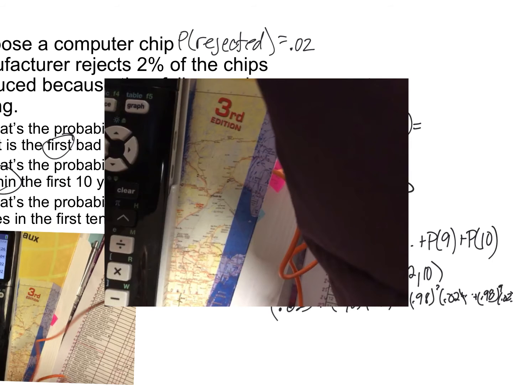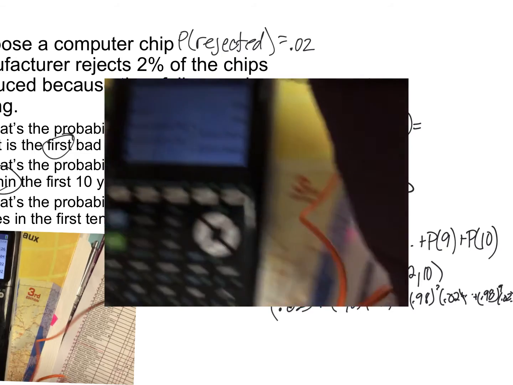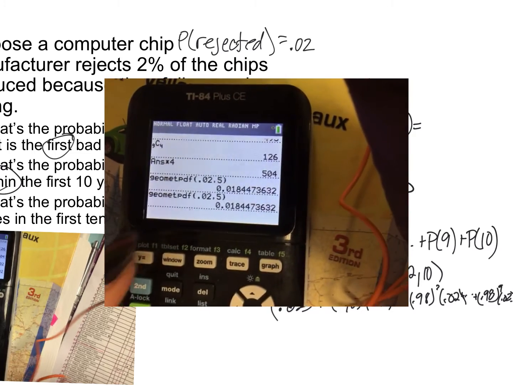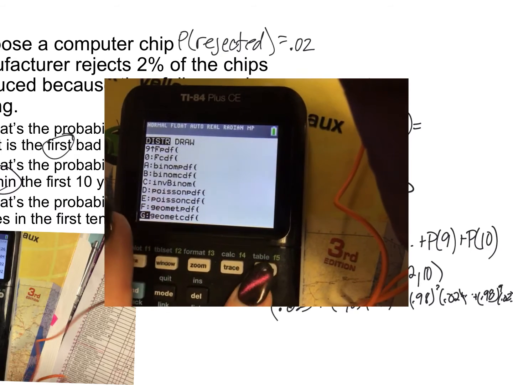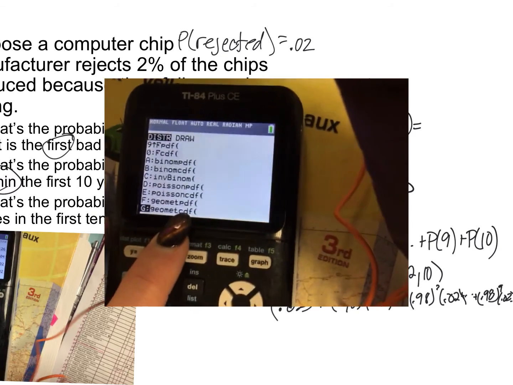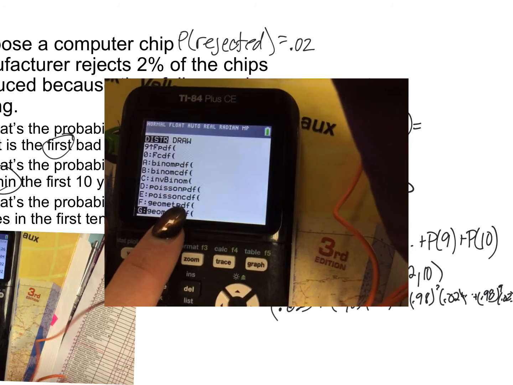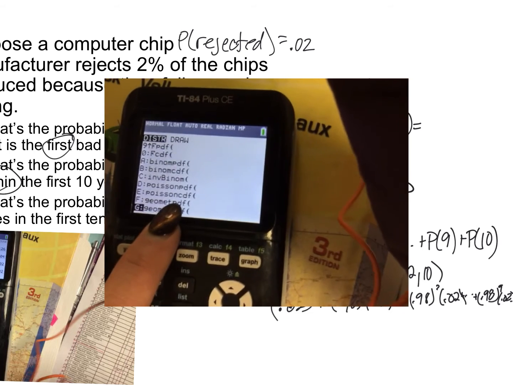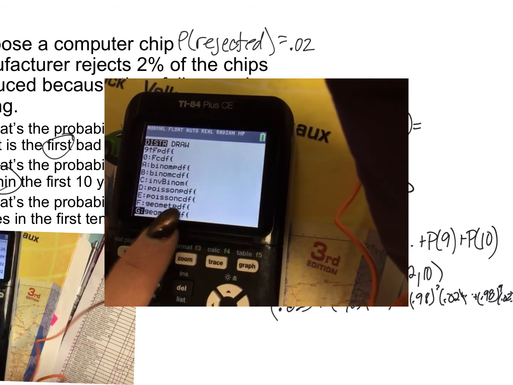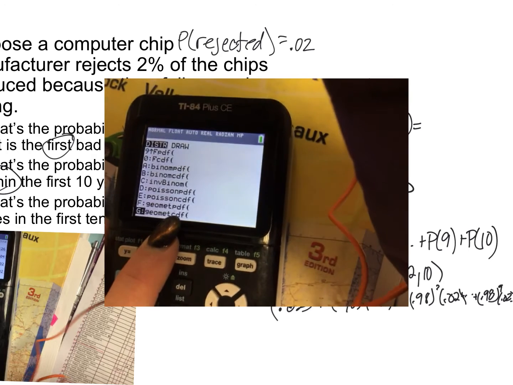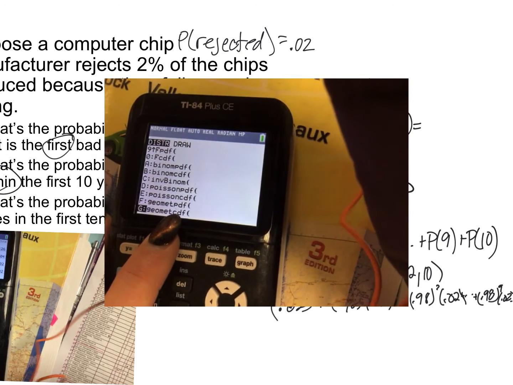So let's look at it in the calculator again. It's in the second distribution menu. Go up to geometCDF this time because I want it to add up from 0 to the number I give it. PDF only gives me one value, so if I plug in 10, it gives me the 0.98 to the 9 times 0.02. If I plug it into CDF, I get 0.02, that number that I just wrote down.